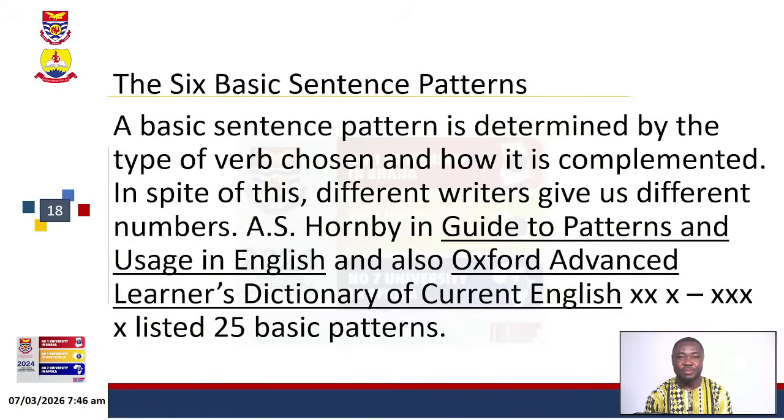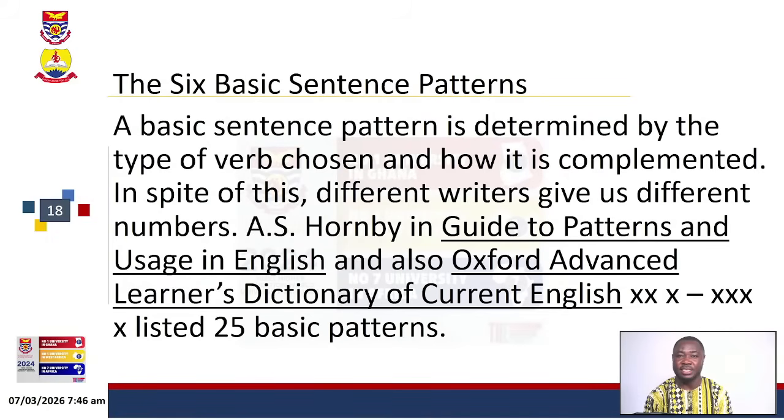Okay? Good. Now let's look at the 6 basic sentence patterns. A basic sentence pattern is determined by the type of verb that is chosen and how this verb is complemented. In spite of this, different writers give us different numbers.